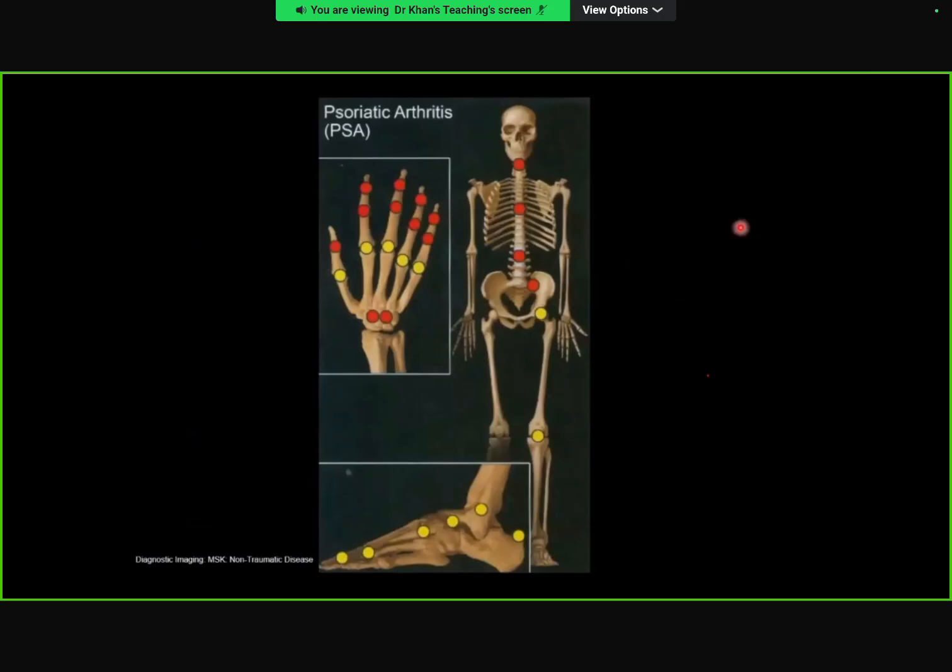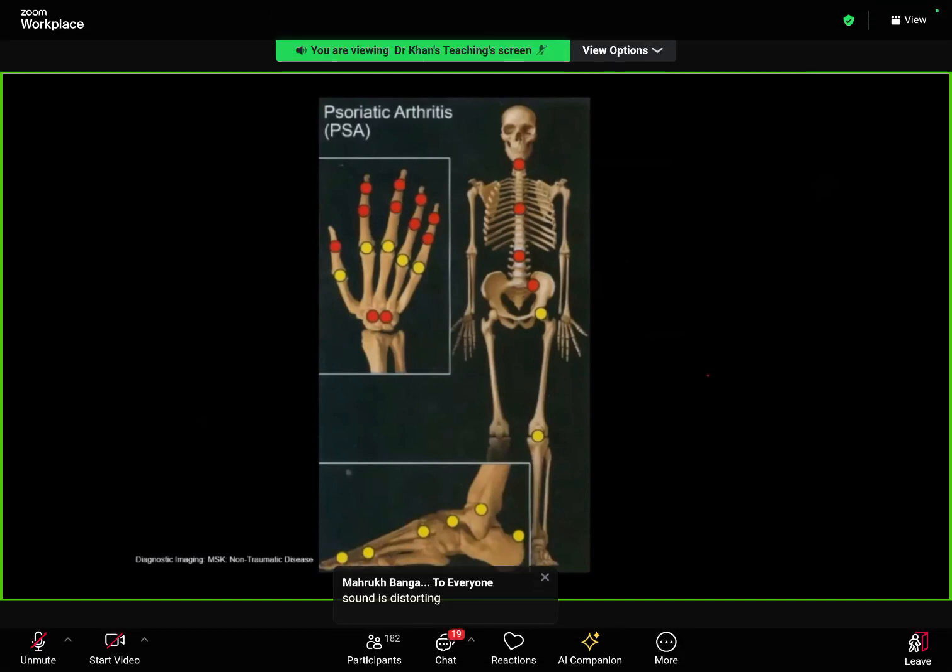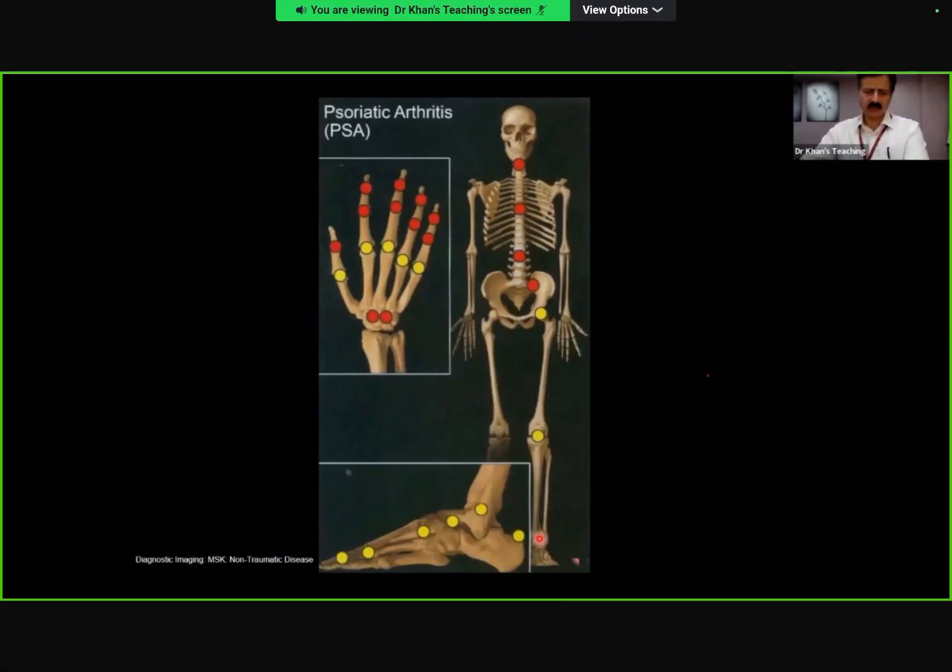Okay, one point is that in psoriatic arthritis, look at the hand. Psoriatic arthritis, you have to differentiate it from CRA.